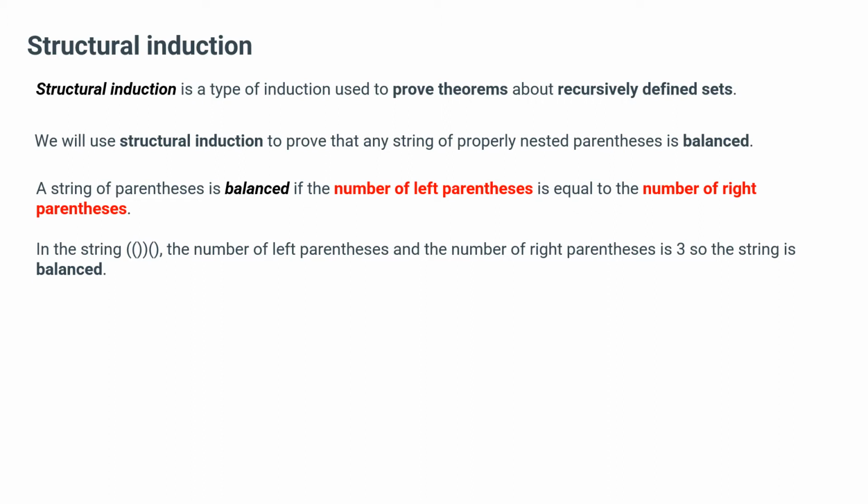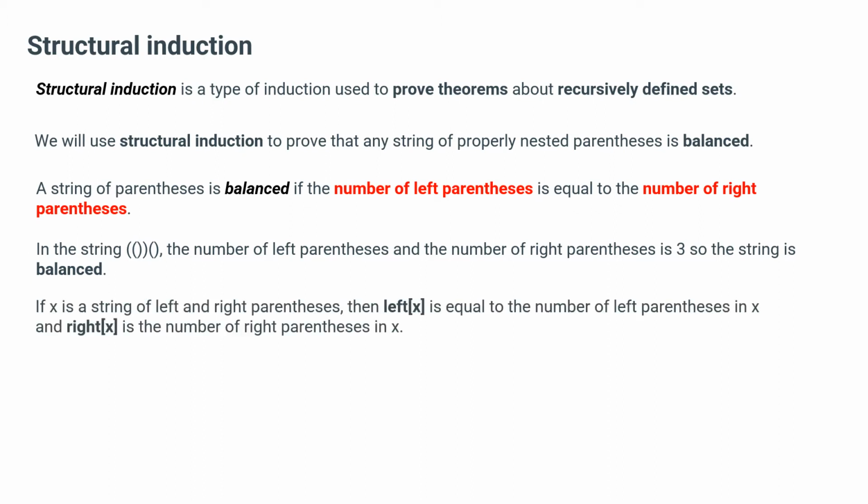So that would be an element in that properly nested parentheses set. And we see that the number of left parentheses and right parentheses is both 3. If we count the left parentheses, 1, 2, 3, and the right parentheses, 1, 2, 3. So the number of left parentheses and number of right parentheses are both 3, and so we would say that the string is balanced.